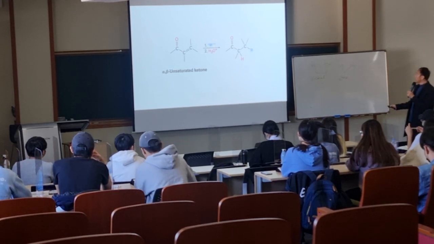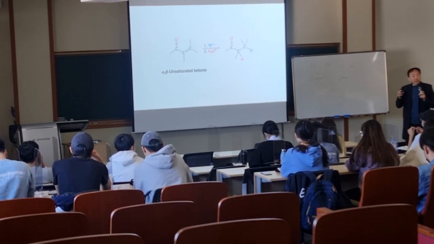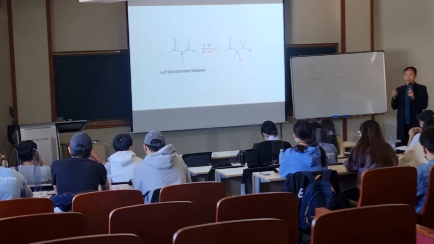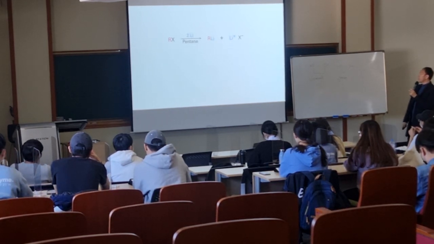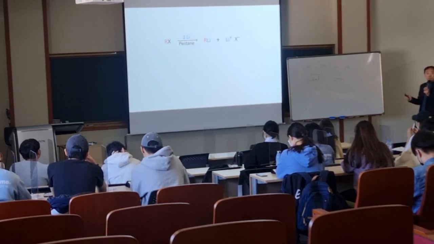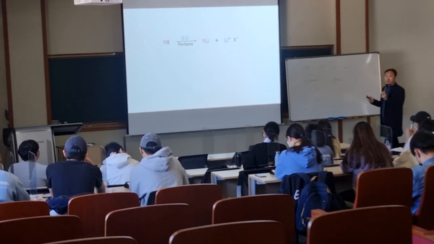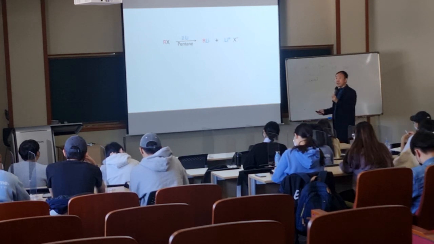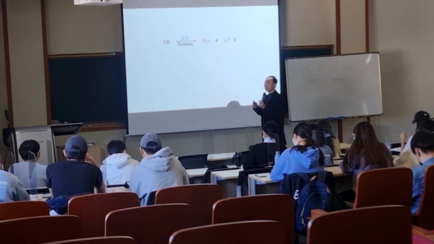Then, how do we make that reagent into a softer carbon? The trick is generated this way. Making a lithium reagent or magnesium reagent, the Grignard reagent, is similar. I can highlight it: we add metal powder.